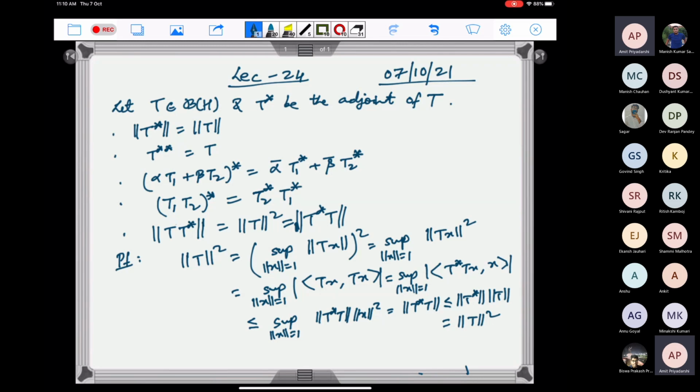So what we got is norm T square is less than or equal to norm of T star T, which is less than or equal to norm T square. Therefore, they are equal.